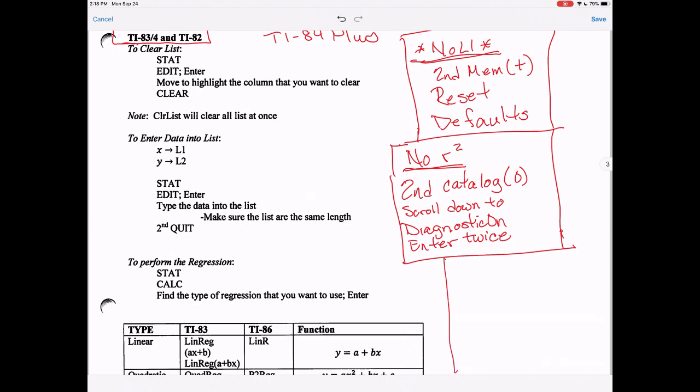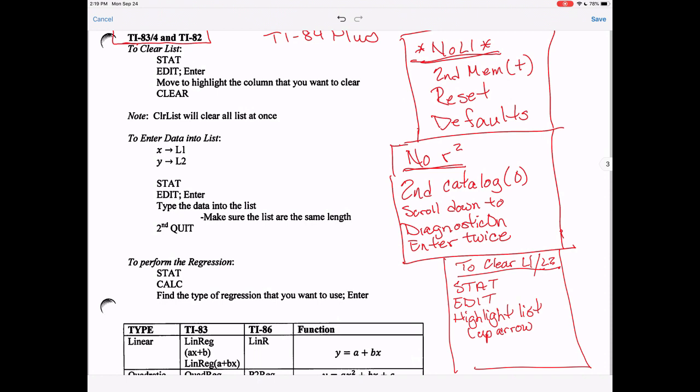To clear a list, to clear L1 or L2, you go into Stat, Edit, go up to where L1 is, so highlight the list, and you do that by going up arrow, and then you hit clear.